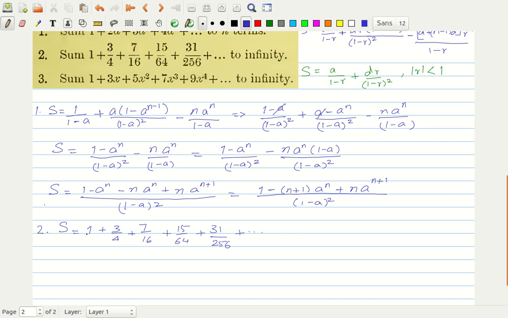We know that the denominators are 4, 16, 64. So there is some common ratio which is 1 by 4. So let us multiply this side by 1 by 4, and what you get is 1 times 1 by 4, 3 times 1 by 16, plus 7 times 1 by 64, plus 15 times 1 by 256, and so on.